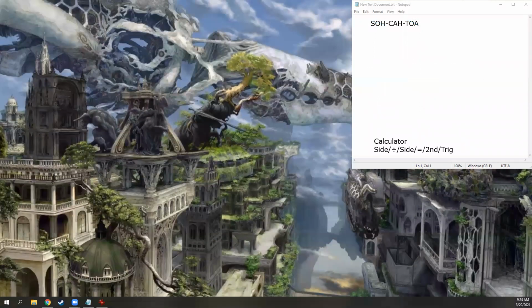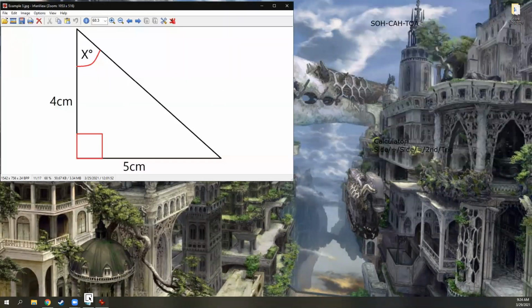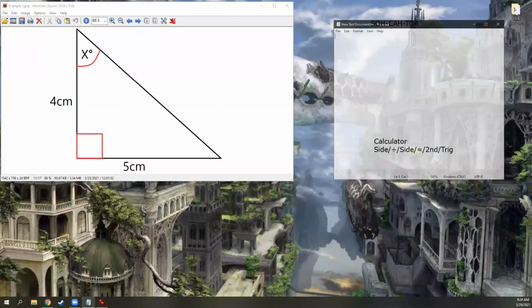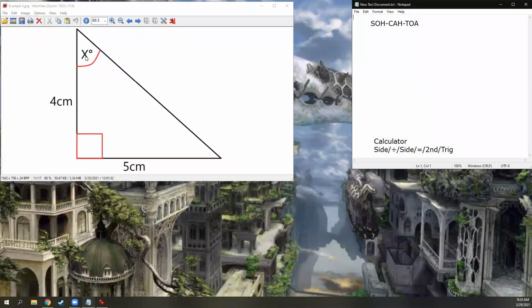What I mean by that is, you ever wonder how they get the distances between the moon and the stars and the sun and all that stuff? They actually use trig. So yeah, they actually use trigonometry.